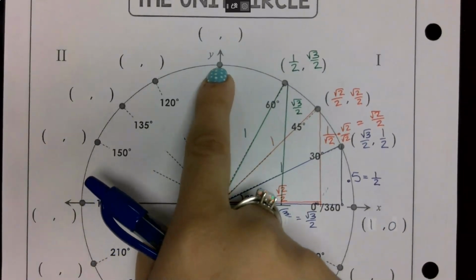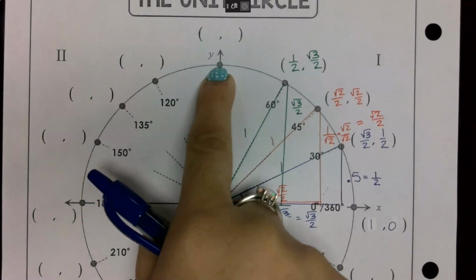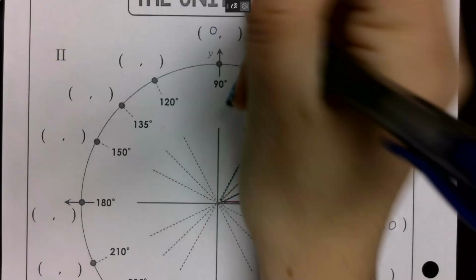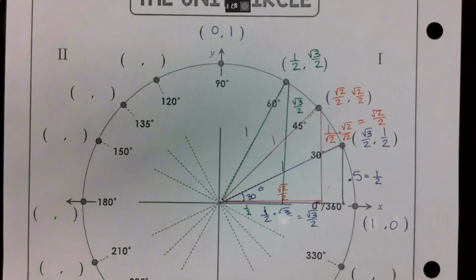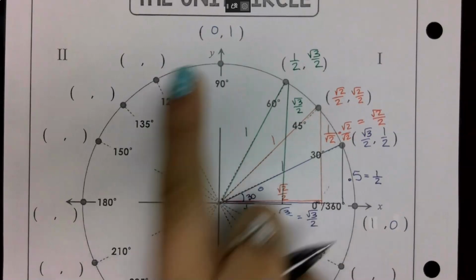I have this point on the y-axis, so that means my x value is 0, and I know my radius is 1, so this point is (0, 1). Because it's a unit circle with a radius of 1. So the distance from the center to the edge of the circle is 1.